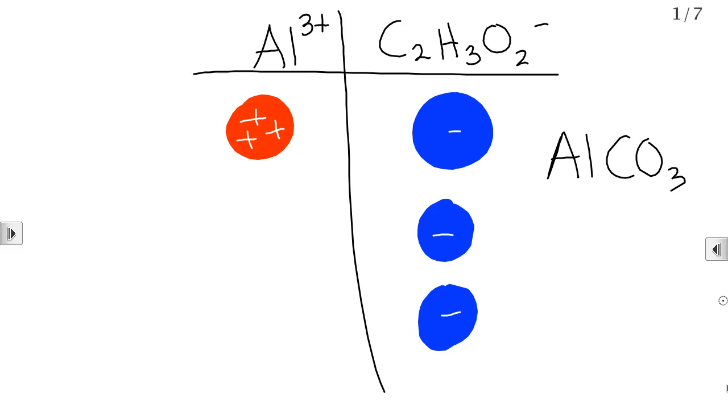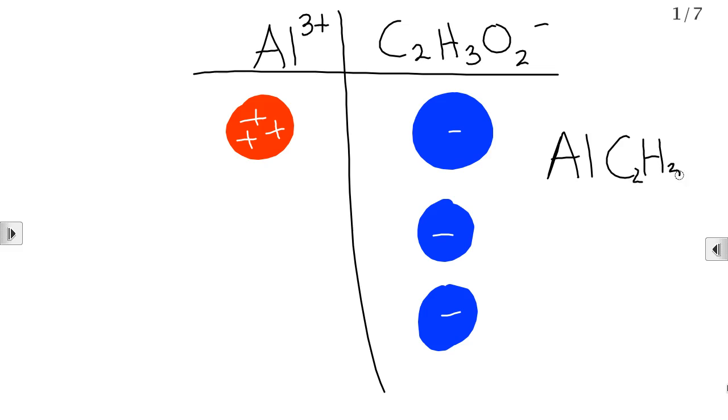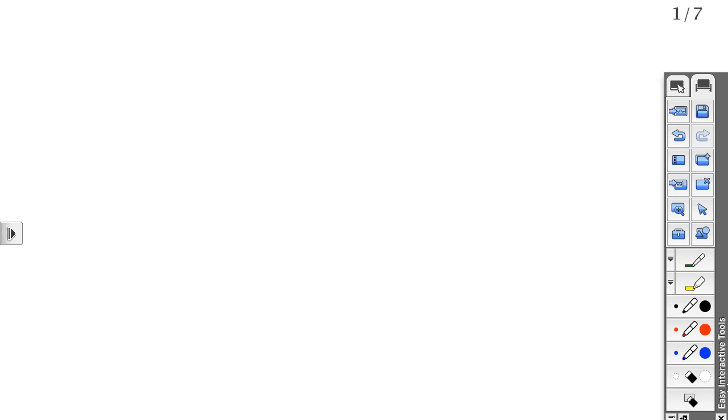No. So how many acetates did I use? 3. So I need parentheses. And then I'm going to put a 3 down. So when you have more than one of a polyatomic ion, you need parentheses, so that doesn't get confused with the subscripts of the actual ion. Now, if I was just to put a 3 right here, it looked like I had 23 oxygens. And you'll appreciate that a little bit more today as we go into balancing equations.